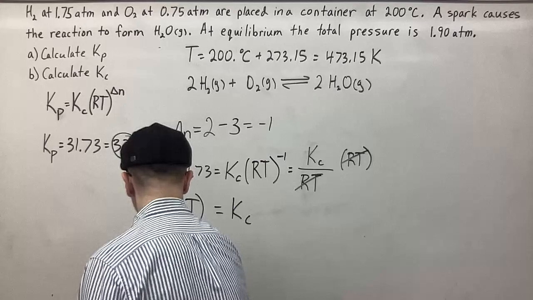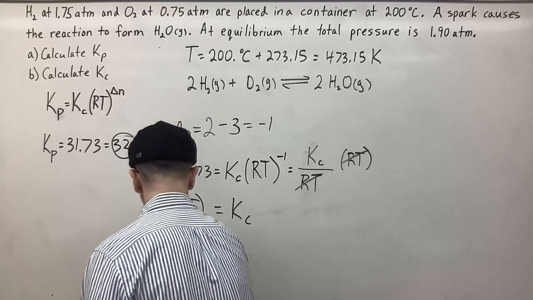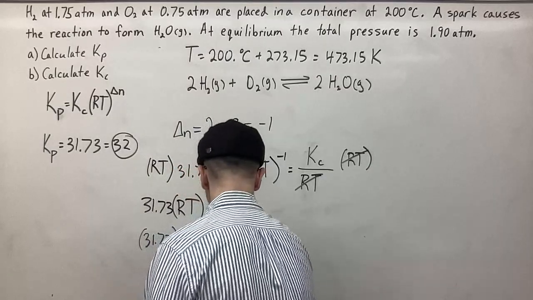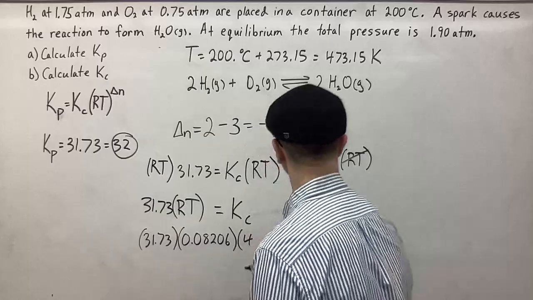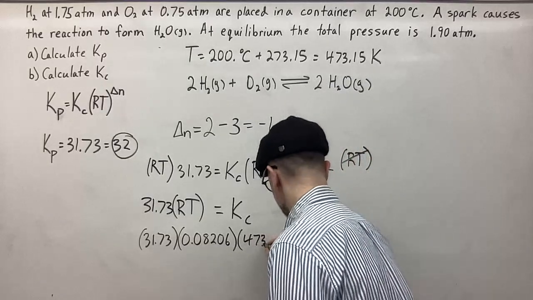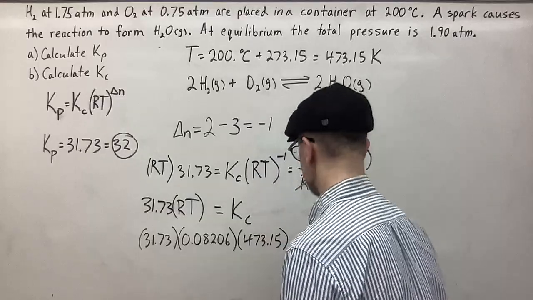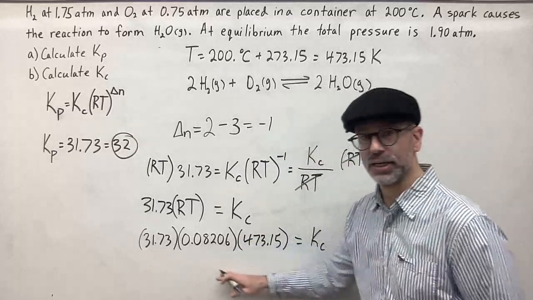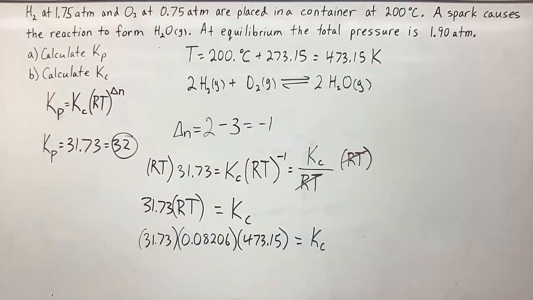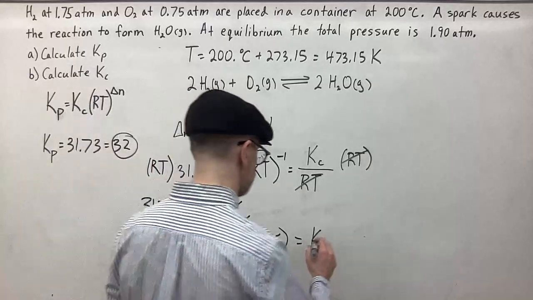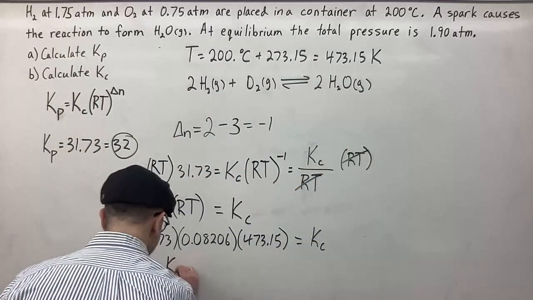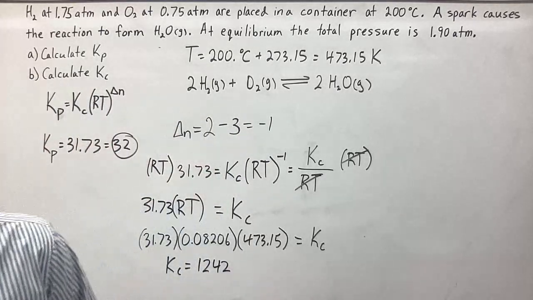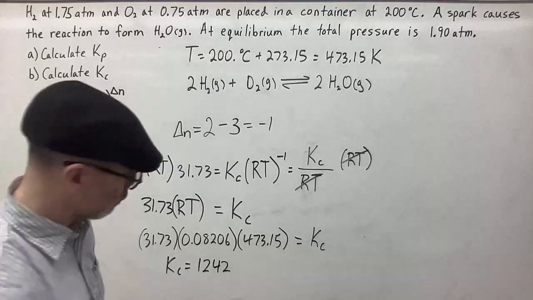So then we have 31.73 multiplied by 0.08206 multiplied by 473.15 equals KC. And then we just calculate this, and when we do that, we get 1242. So KC is equal to 1242.45.